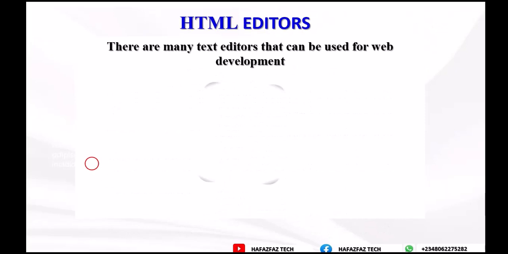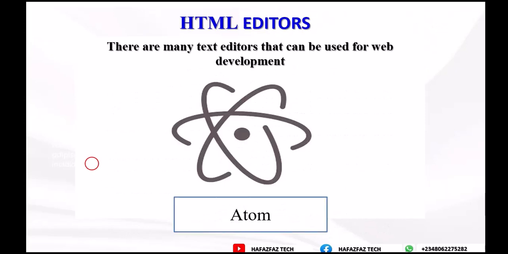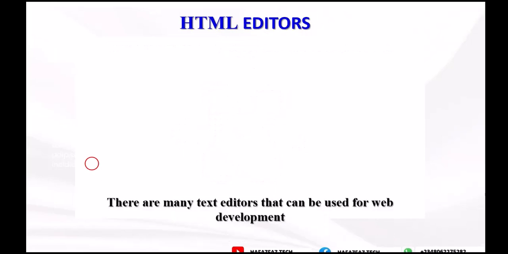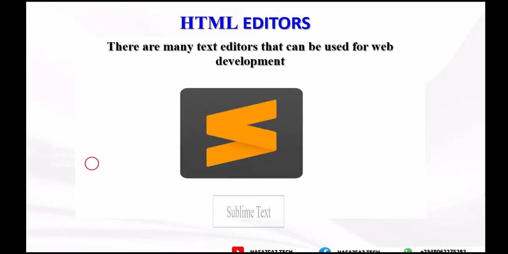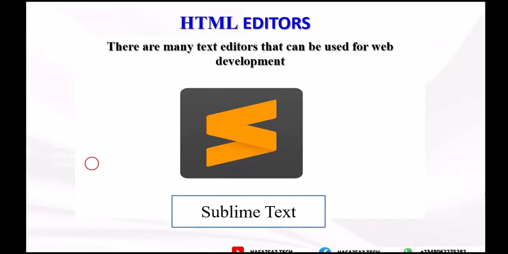Then we have another one that is Atom. This Atom is also software that we can use to write code, to write our programs. And then we have Sublime Text. This Sublime Text tool is also software that can be used to write programs.